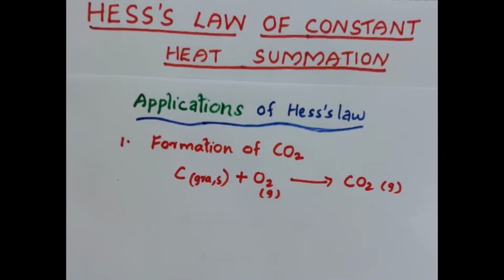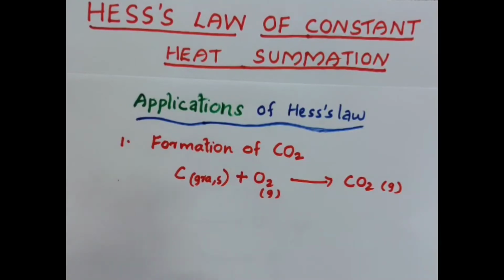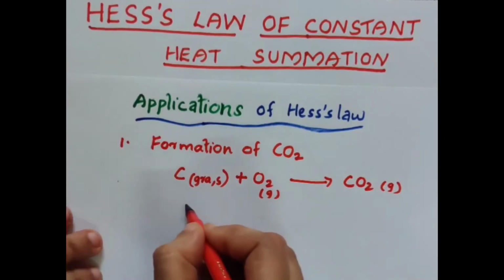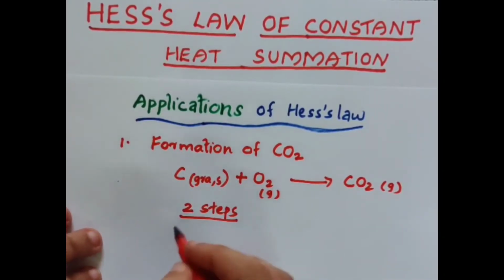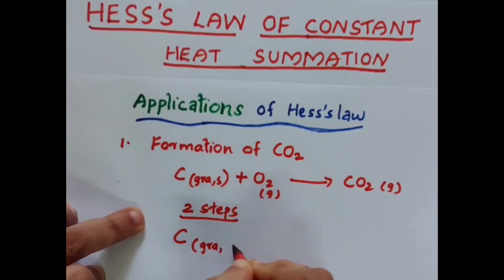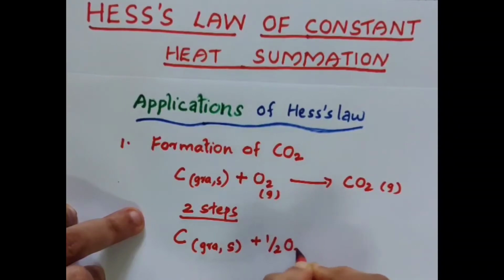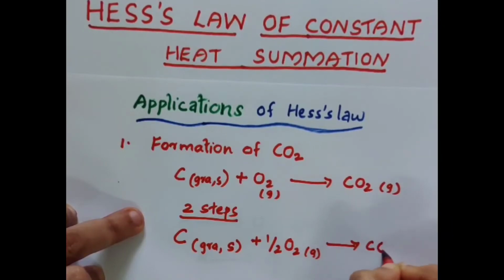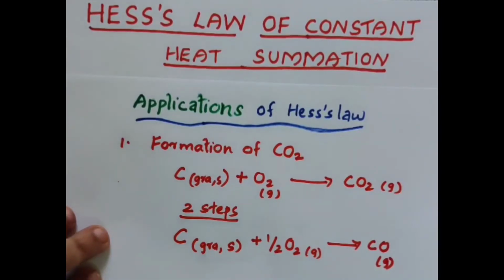Now let us consider the multi-step, that is the intermediate steps, of this formation of carbon dioxide. This reaction takes place in two steps. The first step is graphite in solid state plus half O2 in gaseous state, giving carbon monoxide, also in gaseous state.